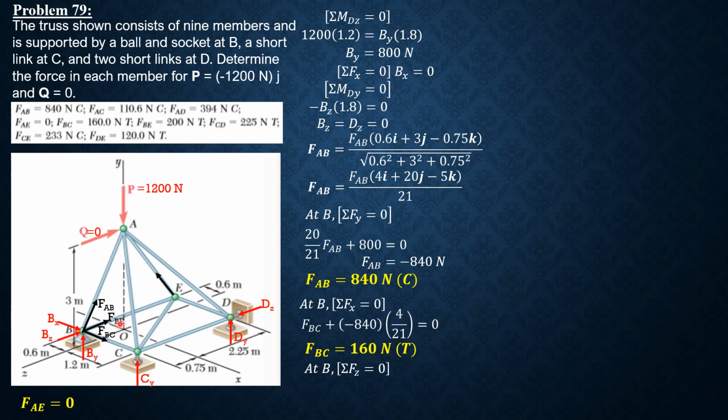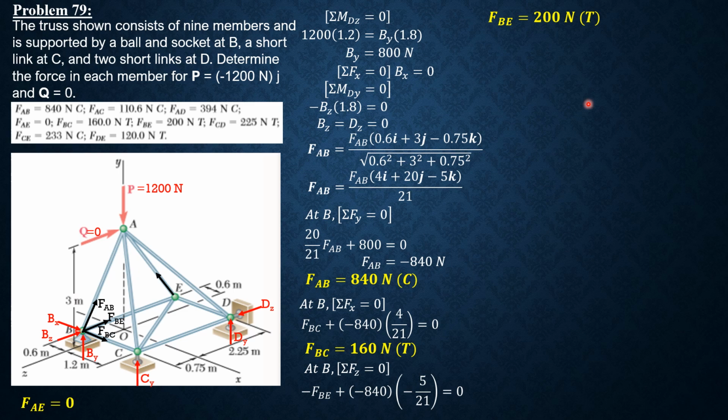So negative FBE, plus Bz, but Bz is 0, plus the Z component of FAB, which is FAB times negative 5 over 21, equals 0. So FBE is 200 newtons tension.